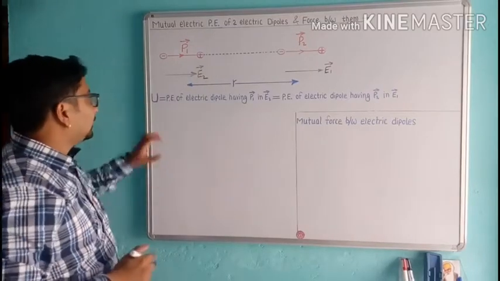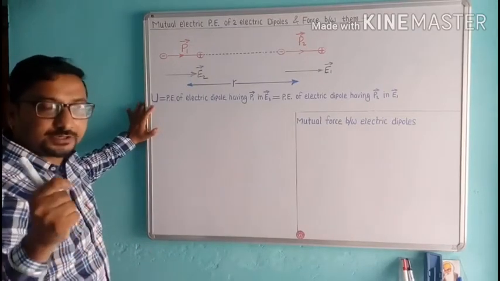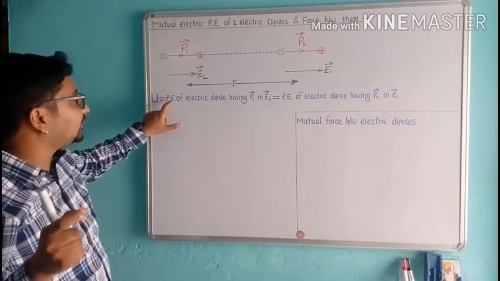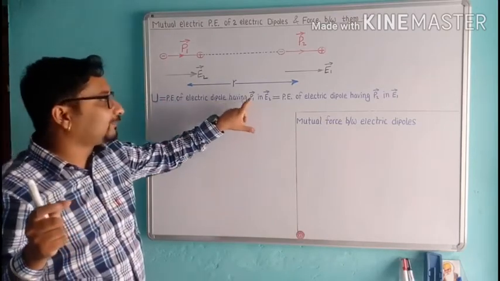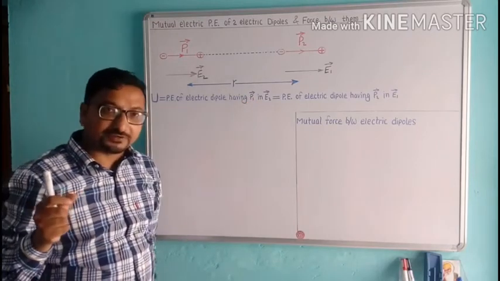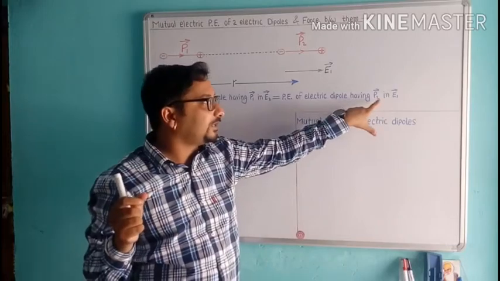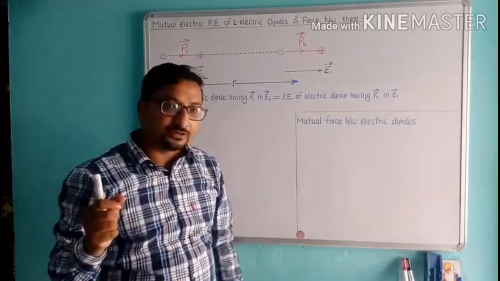Okay, then the mutual electric potential energy of two electric dipoles will be equal to the potential energy of electric dipole having dipole moment P1 in E2 electric field, which is equal to the potential energy of electric dipole having dipole moment P2 in E1 electric field.